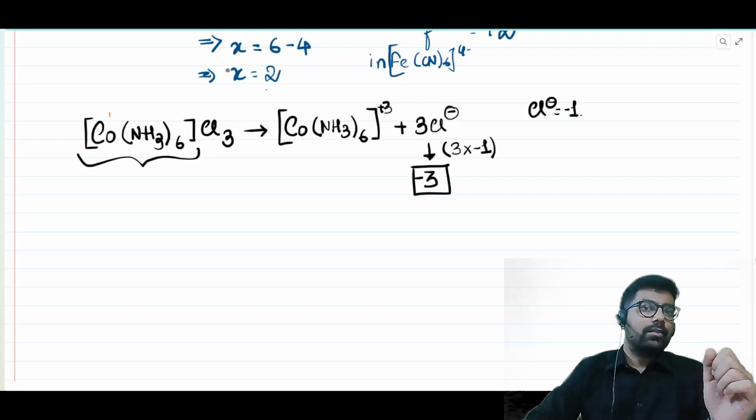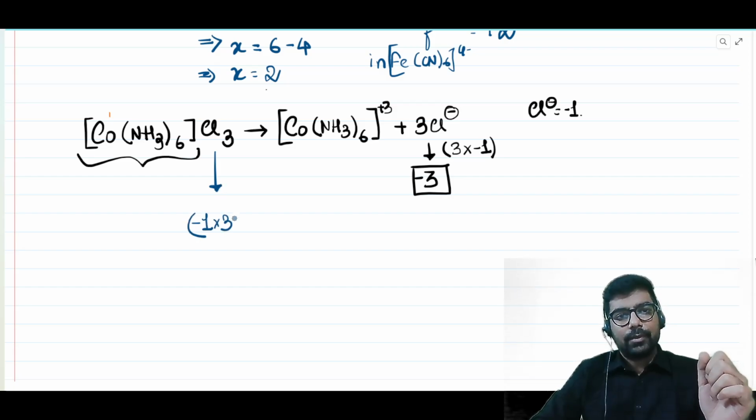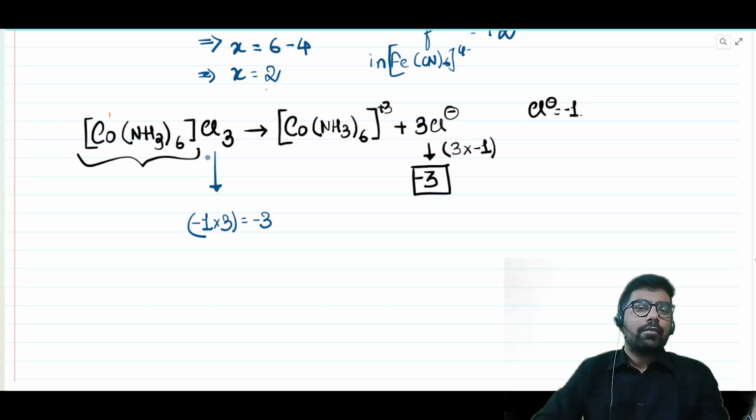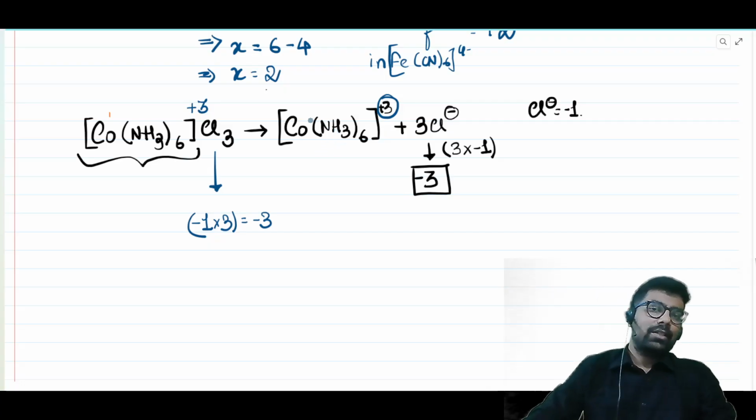So 3 chlorine will have a charge of minus 1 into 3, because there are 3 chlorine, so minus 3. If overall the molecule has no charge, overall charge of 0, neutral, then to balance this minus 3, this coordination sphere should have a charge of plus 3. So that is what we have found out. So the coordination sphere has a charge of plus 3.